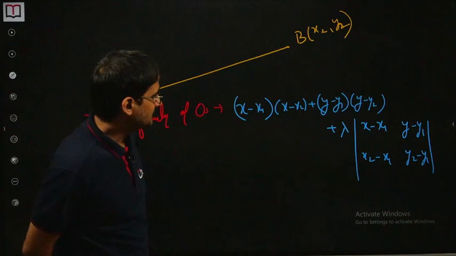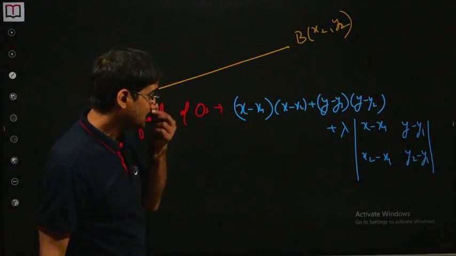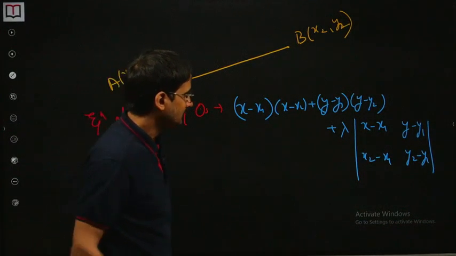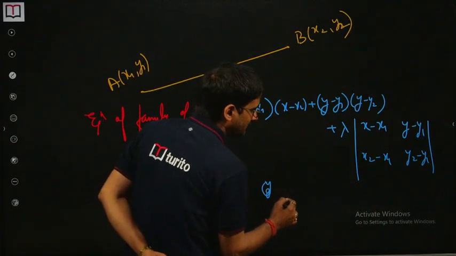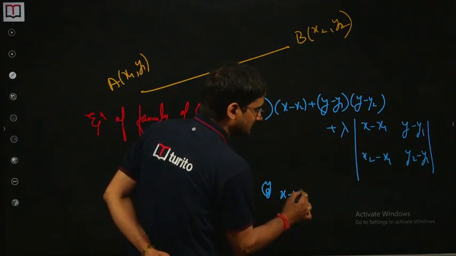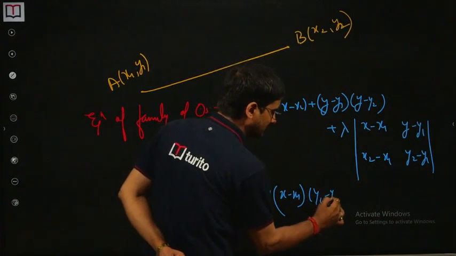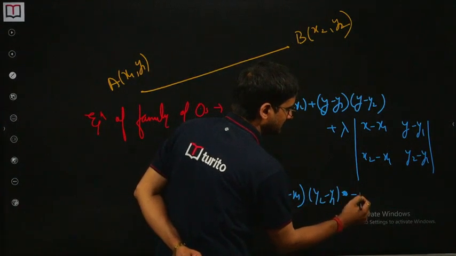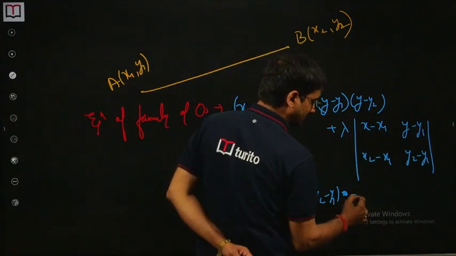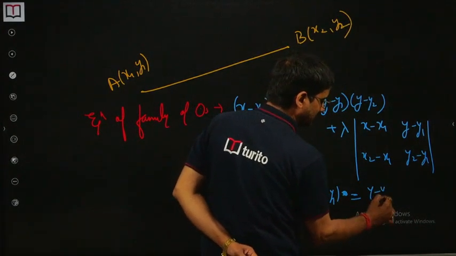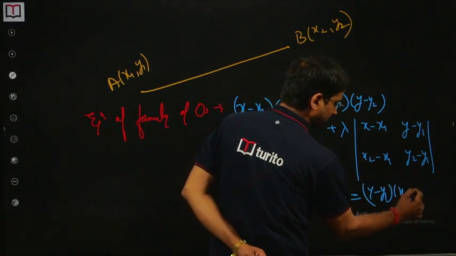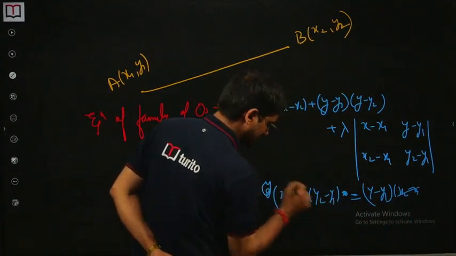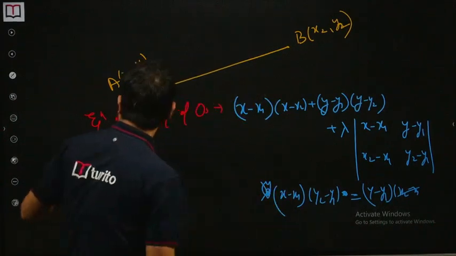Evaluate it. So y minus y1 upon y2 minus y1, if I cross multiply, what will we get? X minus x1 into y2 minus y1 is equal to y minus y1 into x2 minus x1. Okay, so if I bring it this side, that's it. So that's the equation of the line, right?